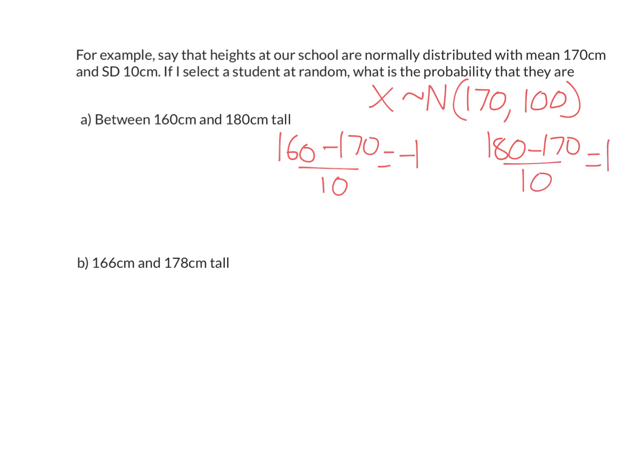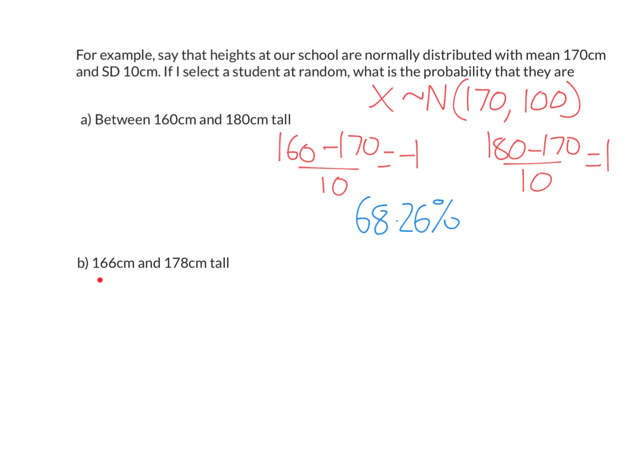Anyone who's 160 centimeters tall is one standard deviation below the mean. Anyone who's 180 centimeters tall is one standard deviation above the mean. So the probability in a normal distribution of being between one standard deviation below and one standard deviation above the mean is 68.26%. We saw that on the previous slide.